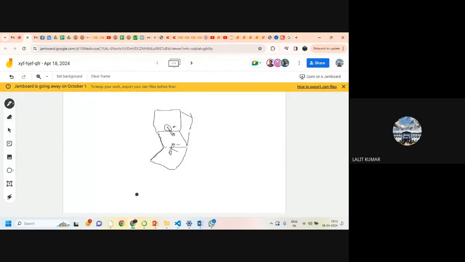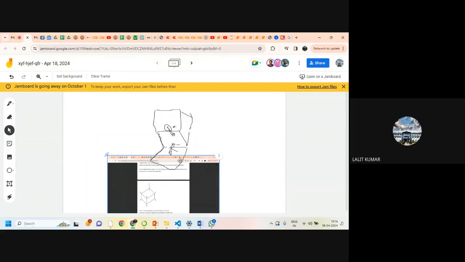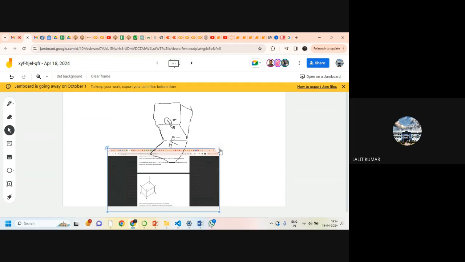Here we can paste it again. This facility is available here. I think you have to use the snipping tool. Yeah, I have done it. I think it is getting pasted. Yeah, it has come. Okay, here we can do the rotation.